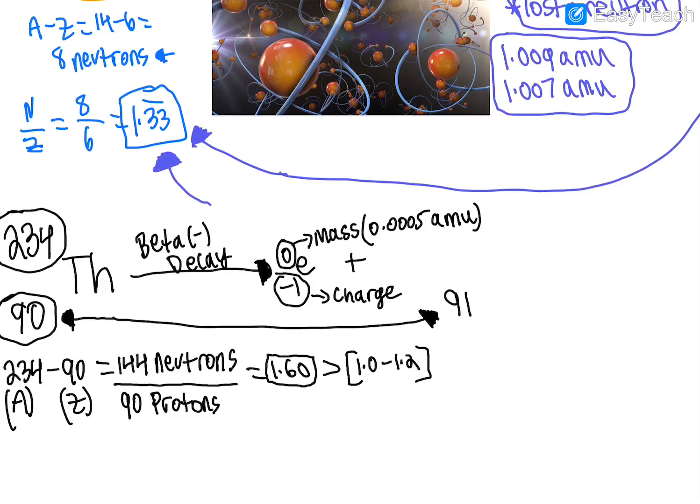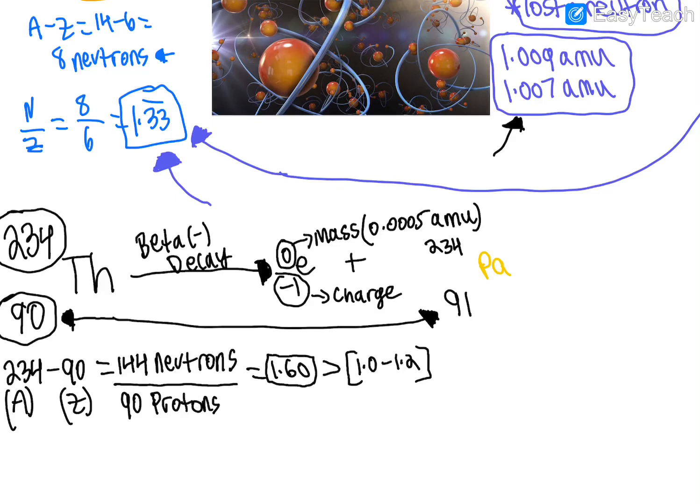The mass number will stay the same because although we lost a neutron, we also gained a proton, and the mass of a neutron and the mass of a proton are almost the same. Then if you go to the periodic table and look at which element has 91 protons, you'll find that element is protactinium, which you denote as Pa.